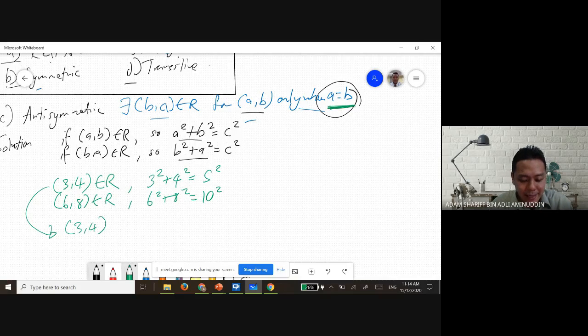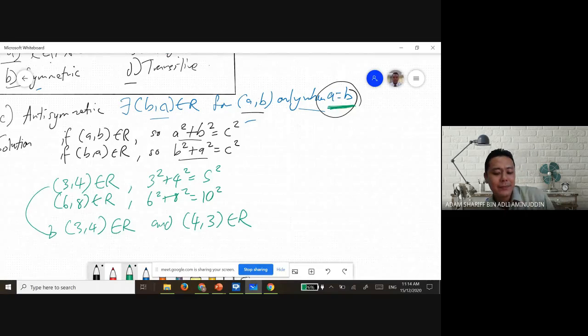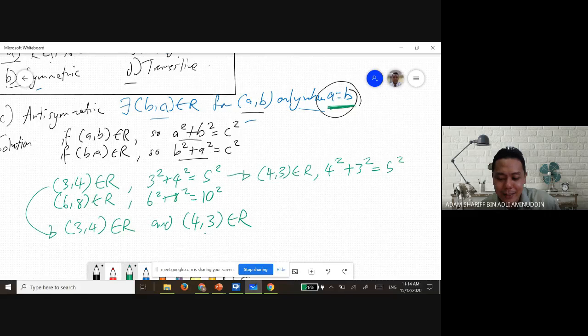3, 4 is inside R and 4, 3 is inside R, betul? Betul. 3 squared plus 4 squared equals to 5 squared. Kalau 4, 3 pula, 4 squared tambah 3 squared sama dengan 5 squared based on the previous argument here. But 3 is not equal to 4.